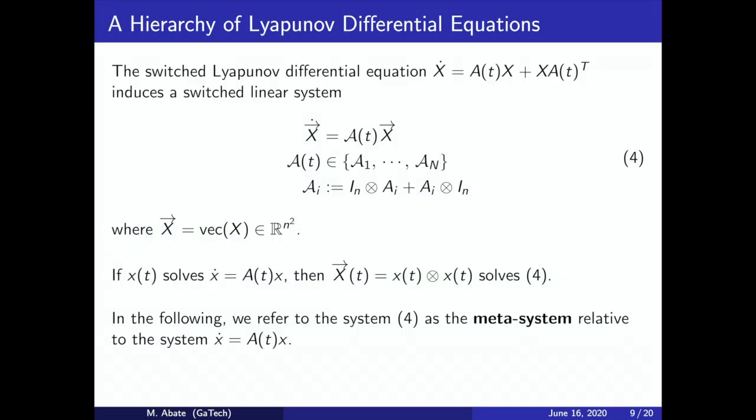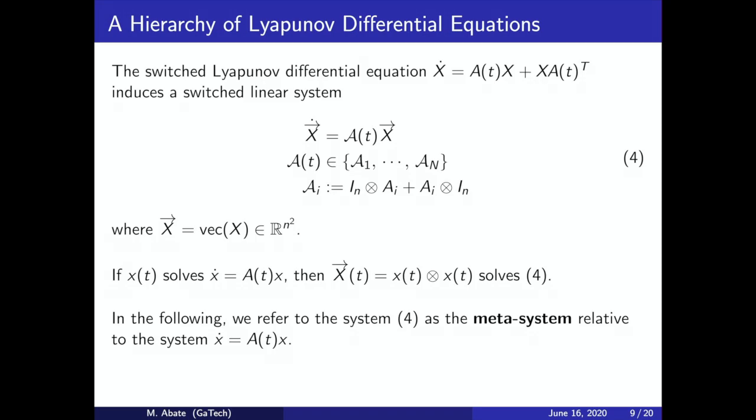To that end, we next rewrite the switched Lyapunov differential equation in a linear switched form given as 4. The system 4 is switched linear with a state of dimension n squared, and the A matrices associated with each switched linear mode can be constructed using Kronecker products from the A matrices of the original switched linear system.